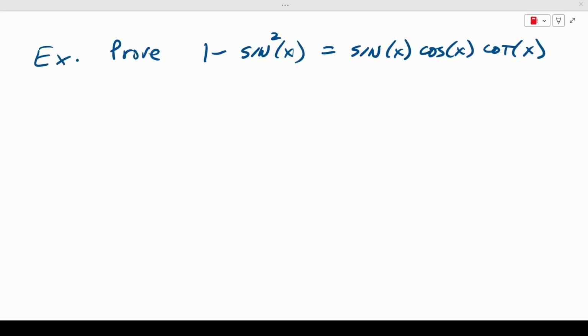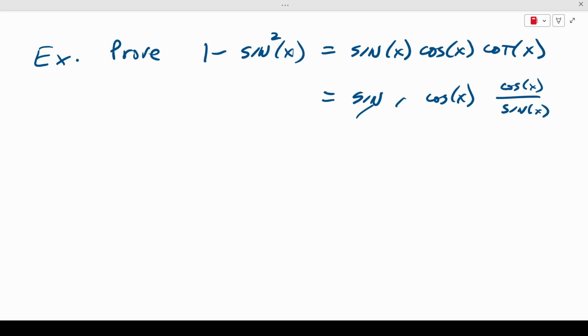So here we go. I'm going to still use tip number 2, which says work on the messier side, but I'm going to pretend this time that I get stuck. So I'm working here, I'm going to work the messier side. I'm going to use tip number 1, where I rewrite cotangent in terms of sine and cosine. So I have sine of x, cosine of x, cosine of x over sine of x.